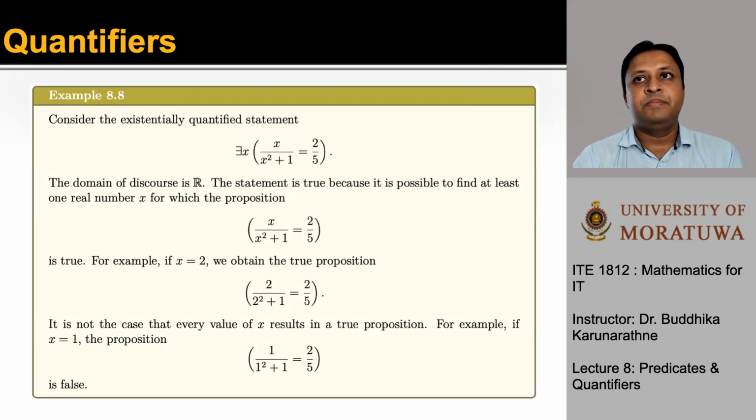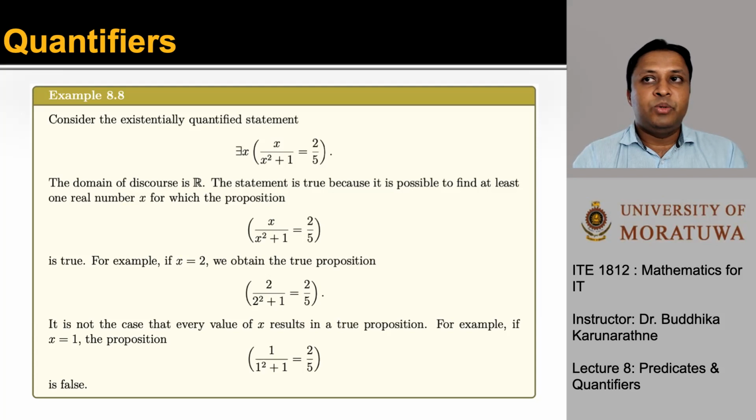Going for examples, consider the existentially quantified statement there exists x such that x over x squared plus 1 is equal to 2 over 5. Here the domain of discourse is R, once again the real numbers.